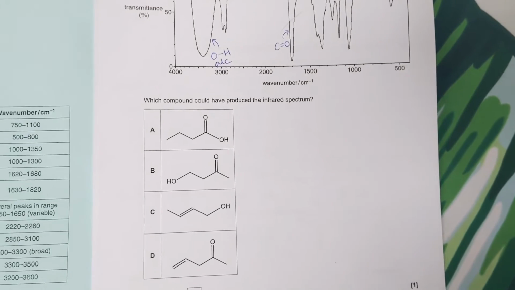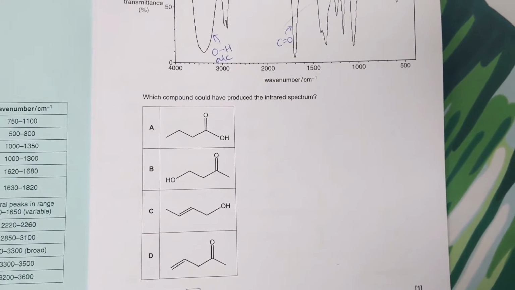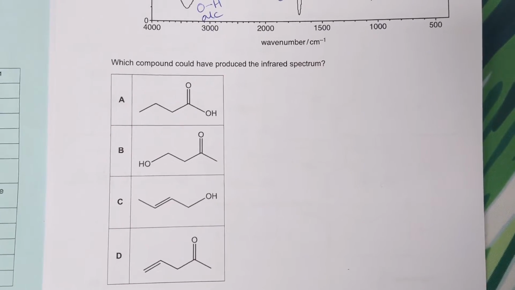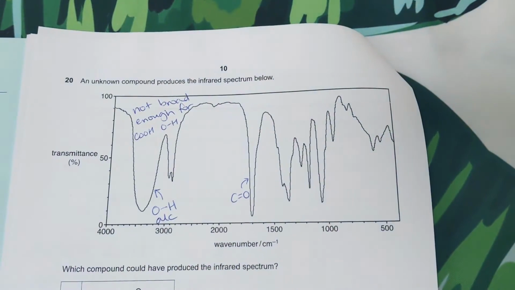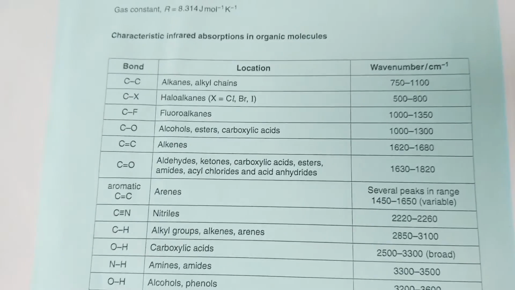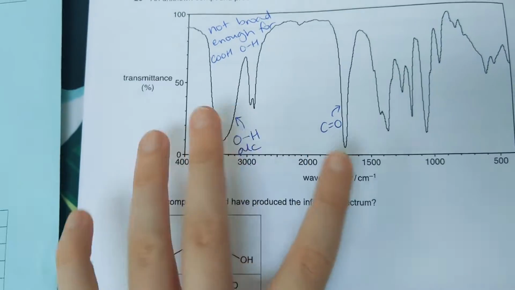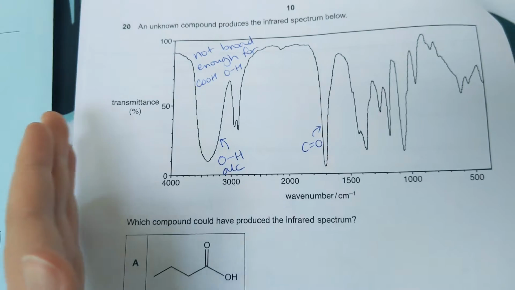This next one is about infrared spectroscopy, and it says which compound could have produced the infrared spectrum above. So the first thing we do is to look in our data sheets at the characteristic infrared absorptions table here and try and identify some of these absorptions on the left hand side.